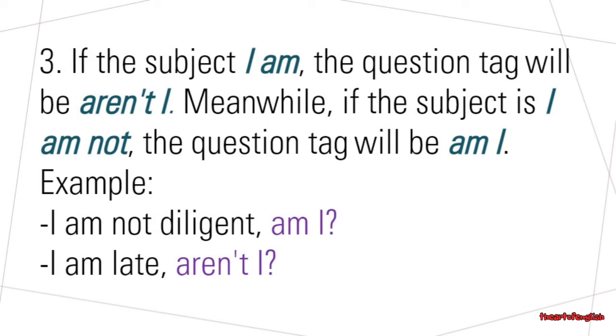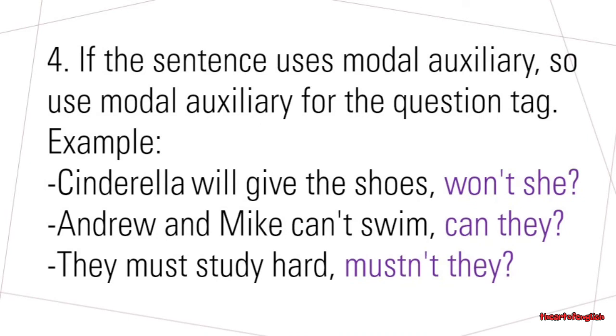Am I? The second sentence: I am late. In this case, we don't put am as the question tag. For this case, we will put are not or aren't, but still the same subject I. So the question tag will be aren't I?